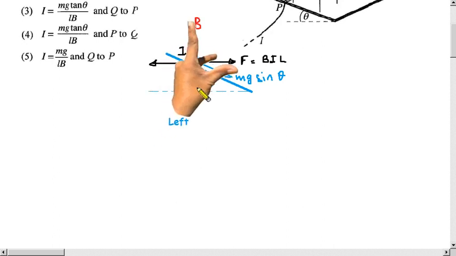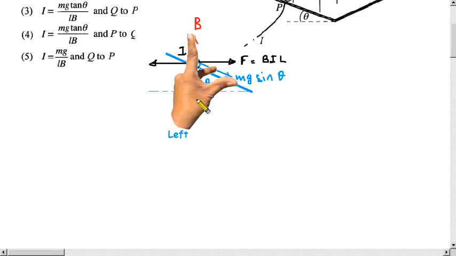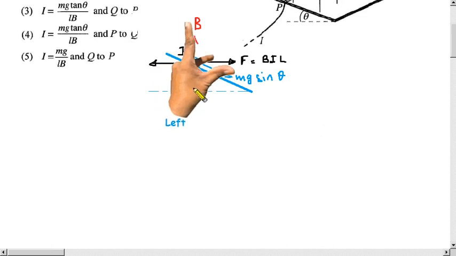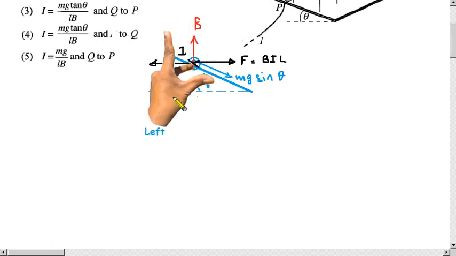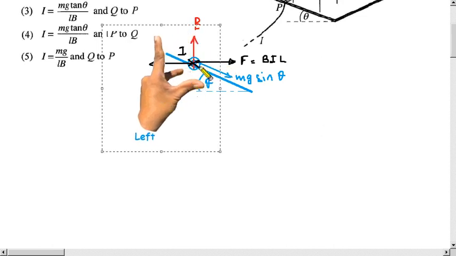The index finger is directed to the direction they have given for B, this way. I have drawn a cross, because at this moment the current is going into the paper.